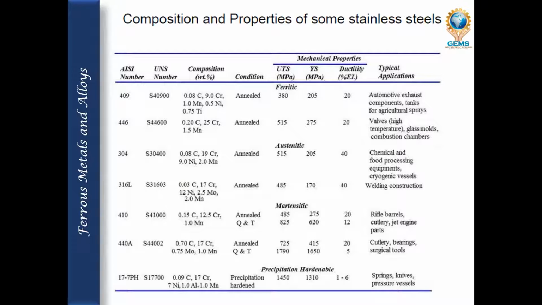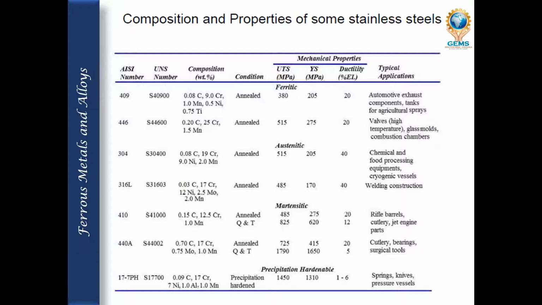The composition by weight percentage is 0.08% carbon, 9.0% chromium, 1% manganese, 0.5% nickel, and 0.75% titanium. The condition is annealed. Do you know what annealing is? The mechanical properties: UTS is 380, YS is 205, and ductility is 20%.